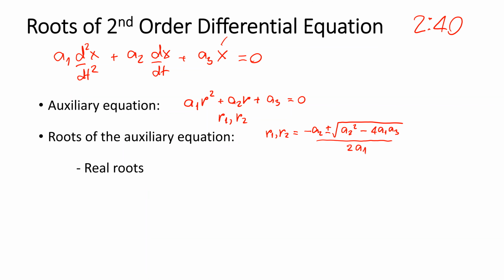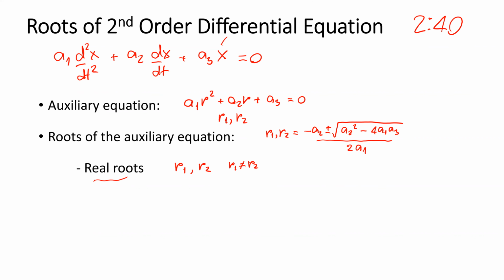The first possible case that we're going to have is that the roots of the auxiliary equation are real roots. R1 and R2 are real roots, and R1 is not equal to R2.